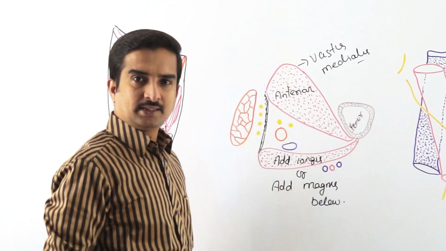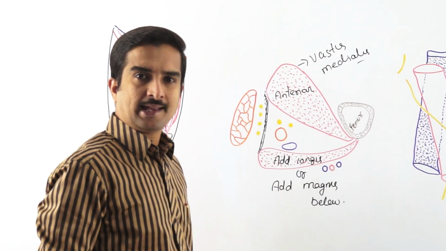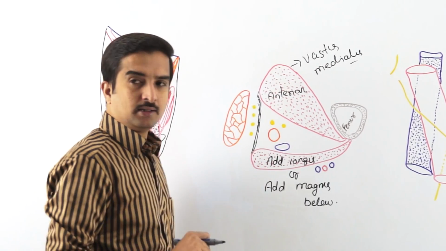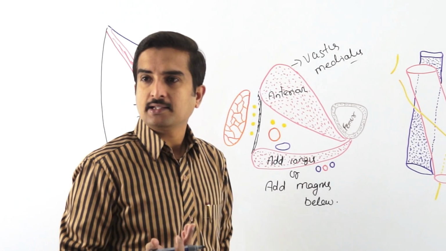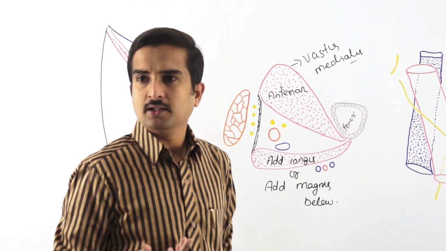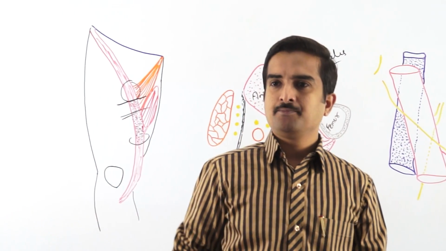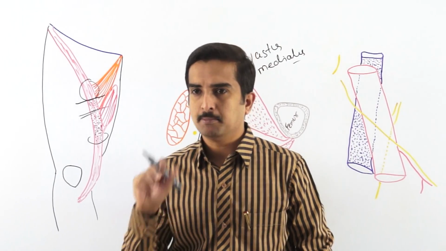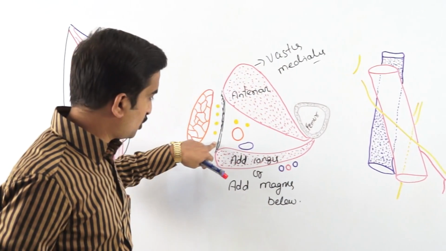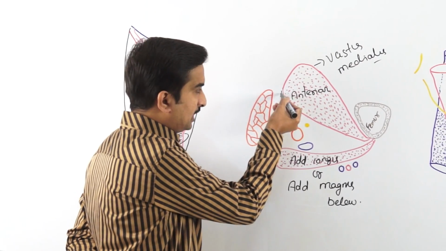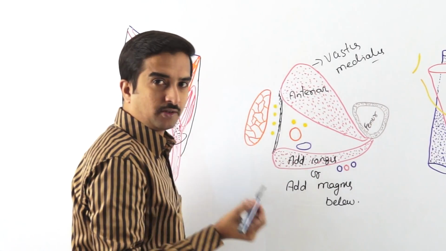And coming towards the medial wall, it is also called the roof of the canal. You can see here, it is the medial wall. The medial wall is also called the roof of the canal, right? And this medial wall or roof is formed by a strong fibrous membrane. You can see here, it is a strong fibrous membrane which joins the anterior wall and the posterior wall, right?